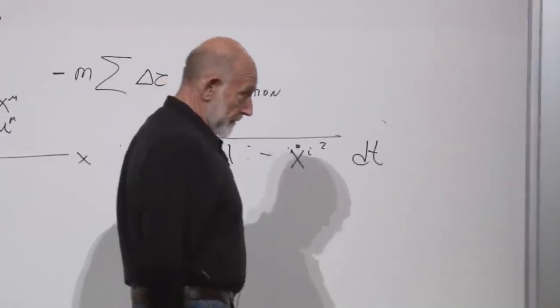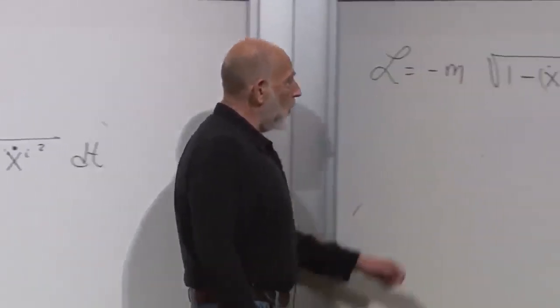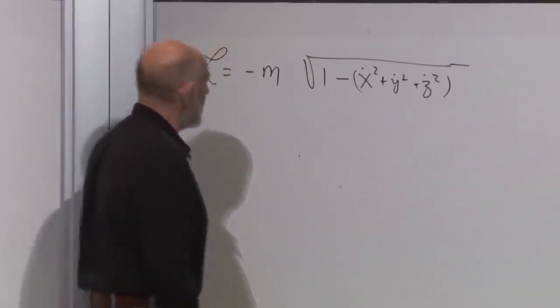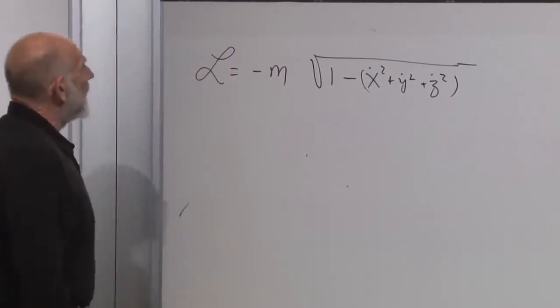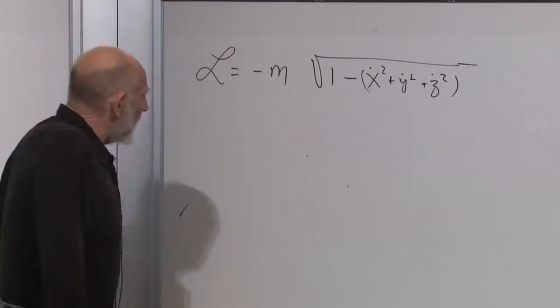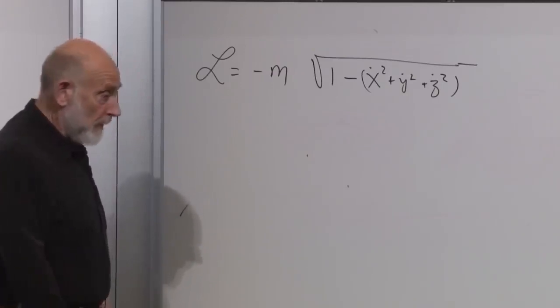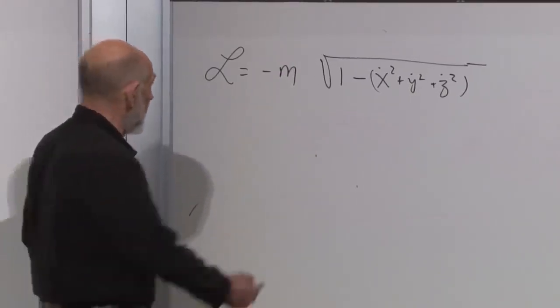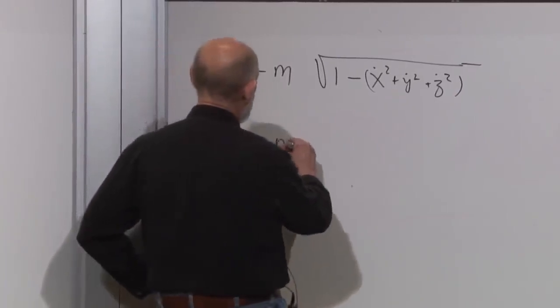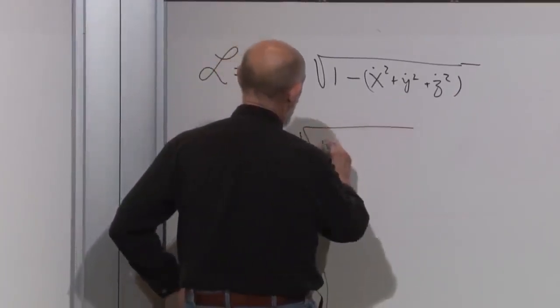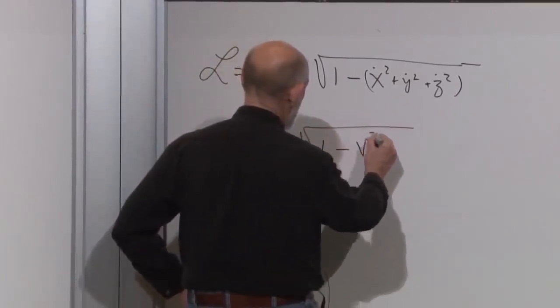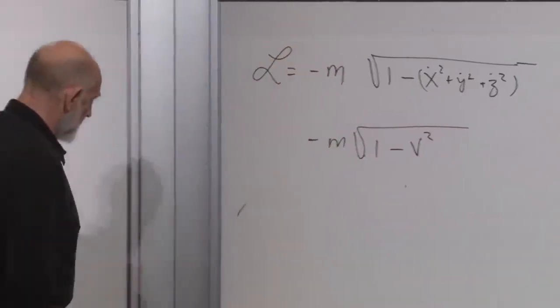Okay. First, let's ask what this is like in the limit where the velocities are much smaller than 1, 1 being the speed of light. So this is minus m times the square root of 1 minus v squared.